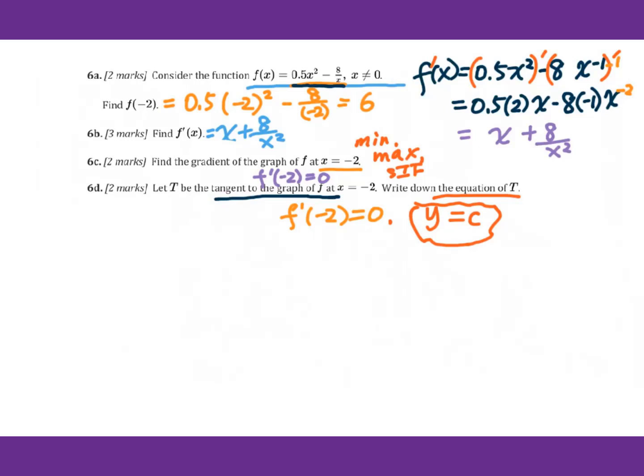Let me set up y equals C format. So we need to get f of negative 2. We already got that from 6a, and it equals 6. Therefore, the equation of t will be y equals 6.